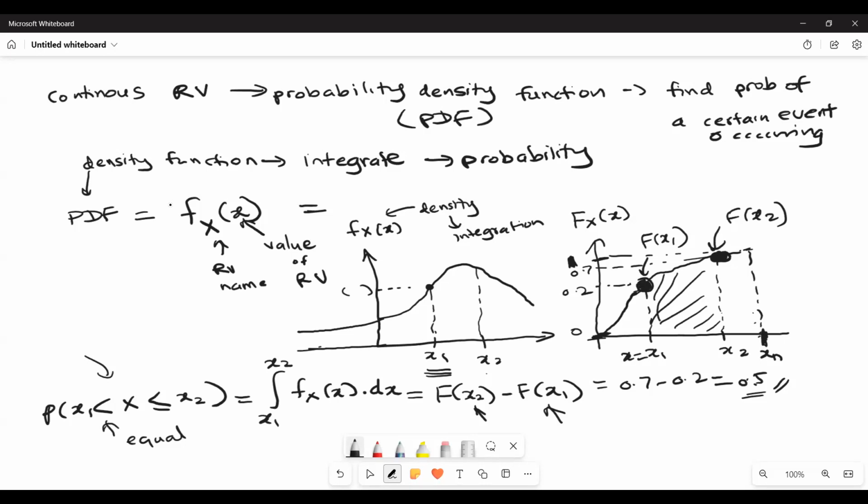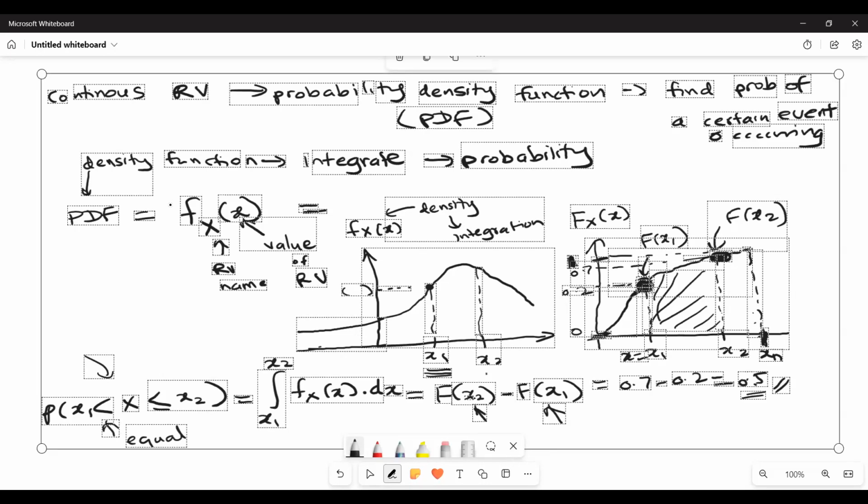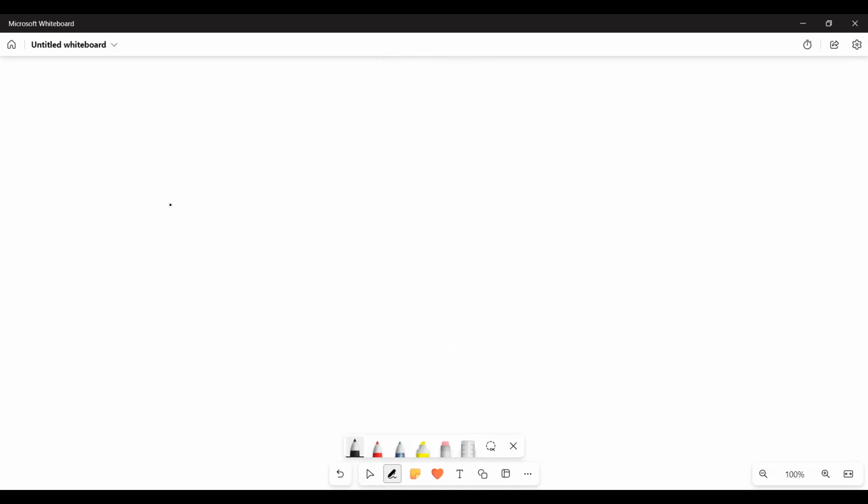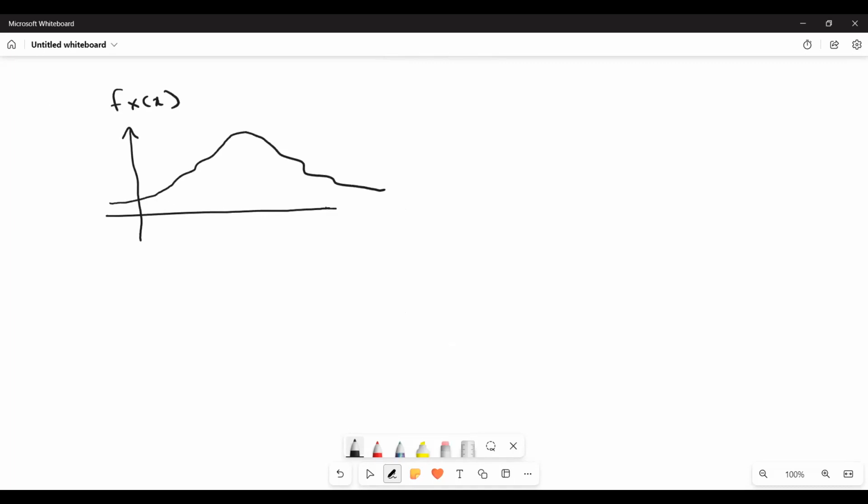Apart from that, we also need to know some other properties related to the probability density function, which I will now discuss. So the probability density function fX(x), let's say it is like this, and then I want to find a probability at a certain point.